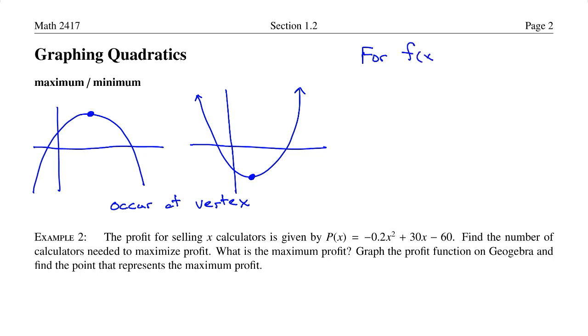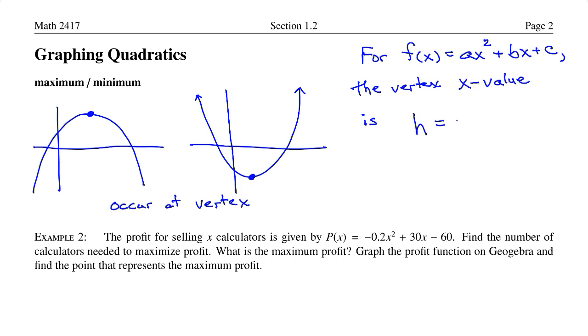For the function f of x equals ax squared plus bx plus c, that's just our general quadratic function, then the vertex x value is h, we call it h, is equal to negative b over 2a. So there's our formula. You need the a and the b to determine the x value of the vertex.